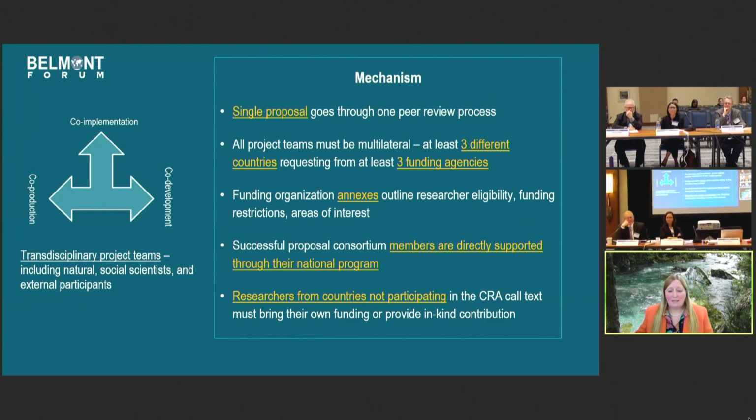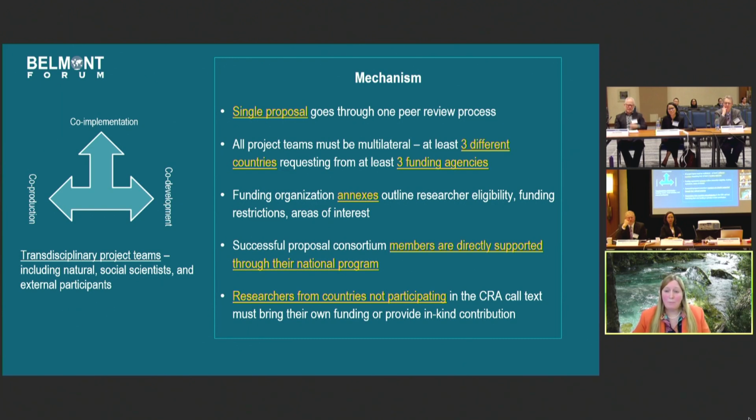So our mechanism is fairly straightforward, and we've worked on this since about 2012, and we've put out 19 collaborative research actions over that time frame, involving about 2,500 researchers from 70 different countries. Our mechanism is that there is a consortium that writes one single proposal.